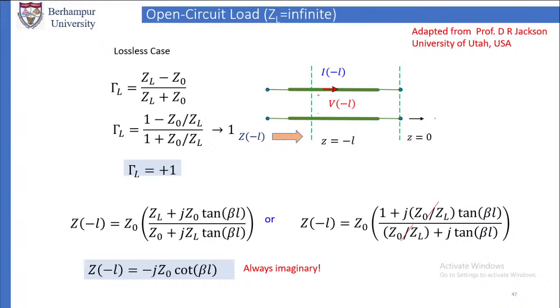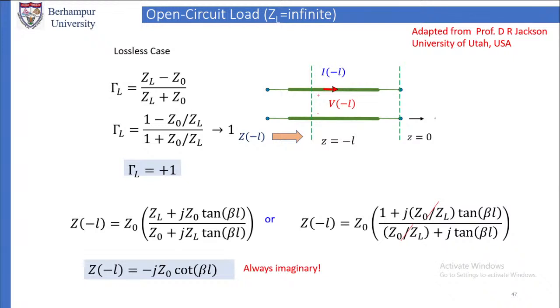Okay, now let us come to the impedance at a distance L from the load. The load is at z equal to 0. Now we are considering z equal to minus L, small z, any point on the transmission line which is at a distance L from the load, which is the reference point for which small z is equal to 0.